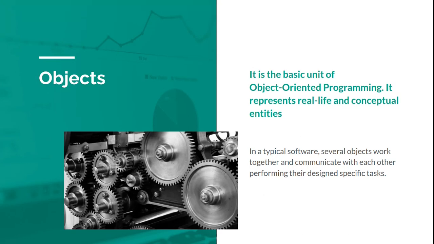On the other hand, objects are the most basic unit of object-oriented programming. They represent real life as well as conceptual entities that your program may use. In a typical software, several objects work together and communicate with each other, performing their designed specific task.